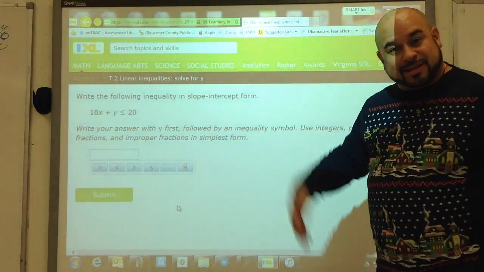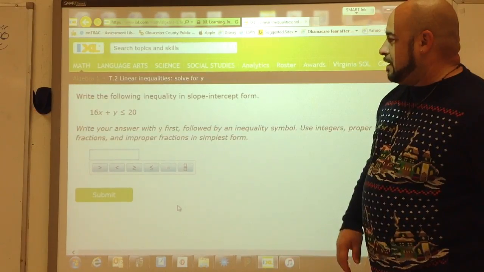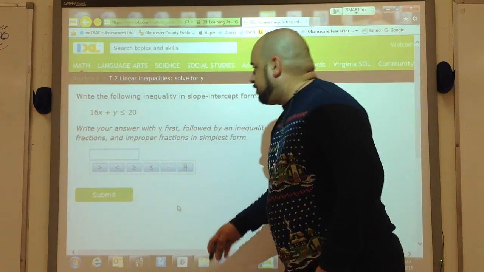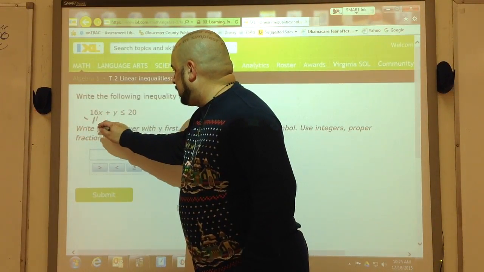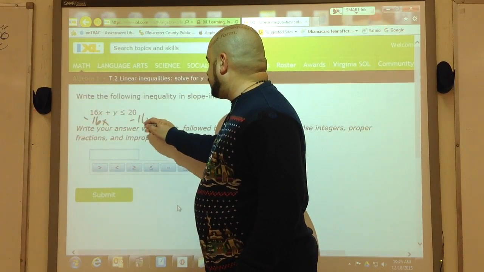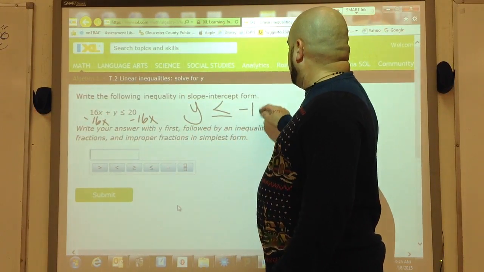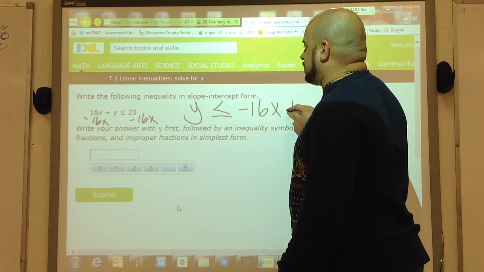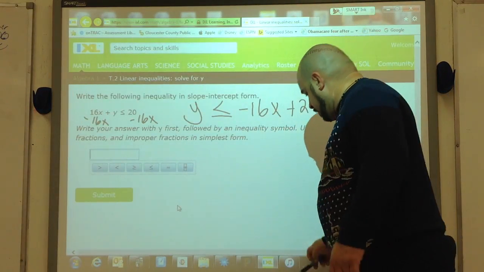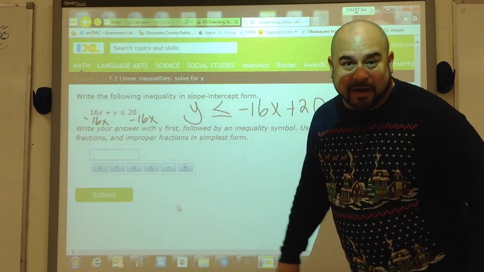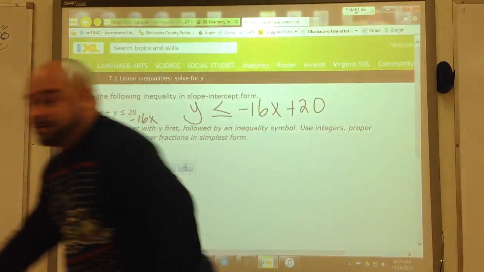So, in this case, we have 16x plus y is less than or equal to 20. I'm going to do it right here. This time I'm going to subtract 16x from both sides. I get y less than or equal to negative 16x plus 20. So if you bear with me, I'm going to go to my computer again and do it again. I'll be right back.